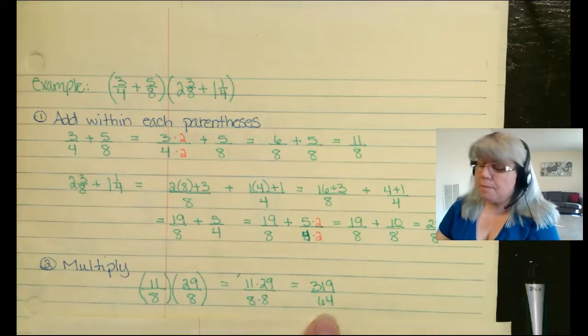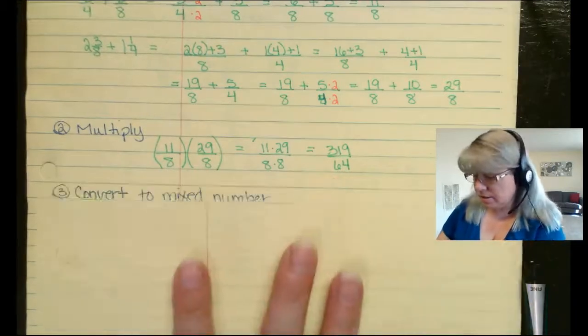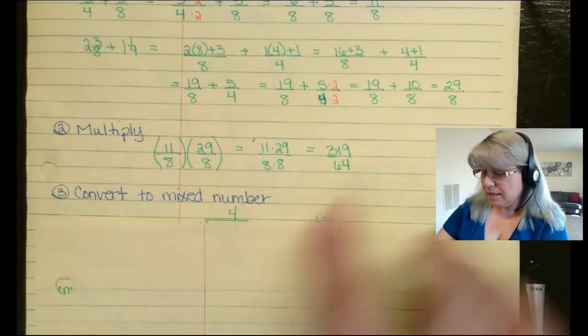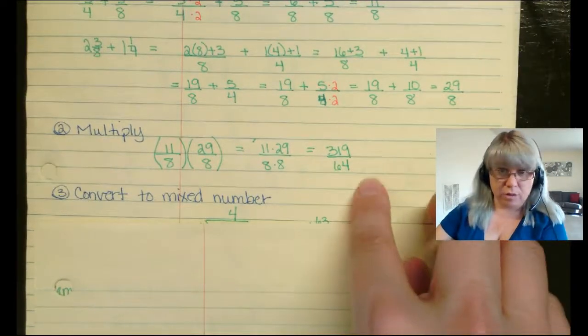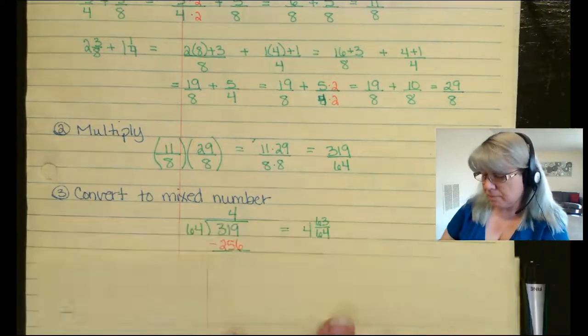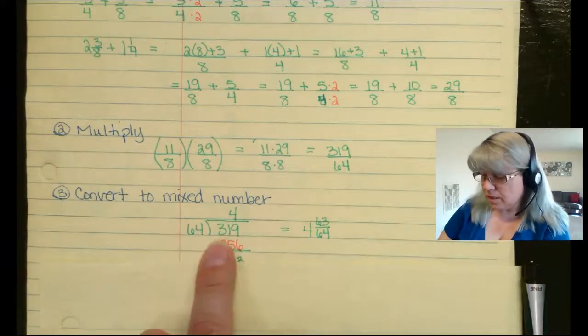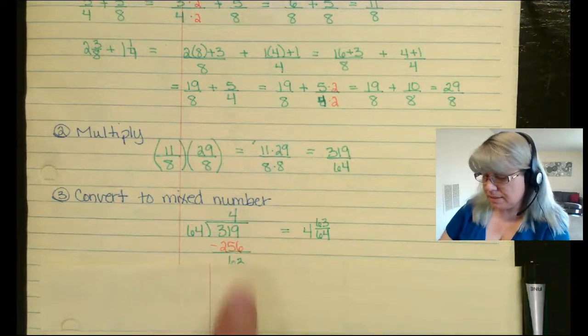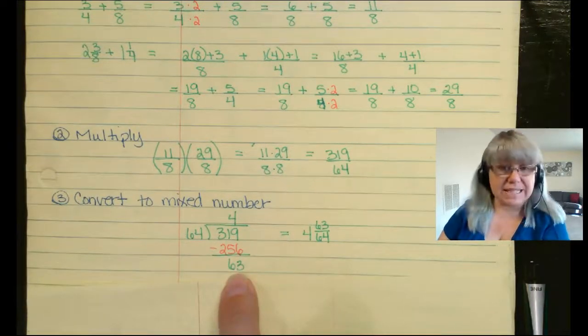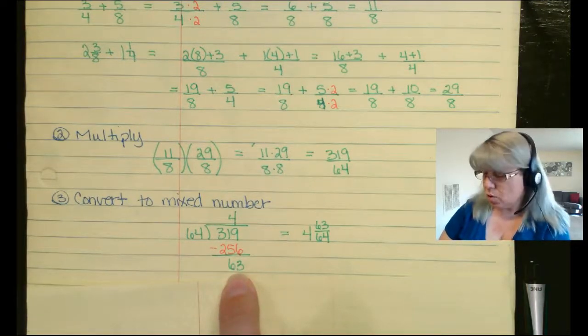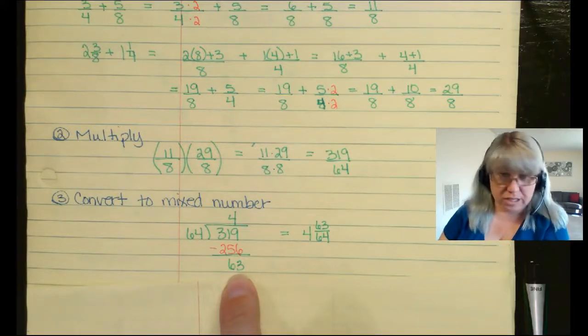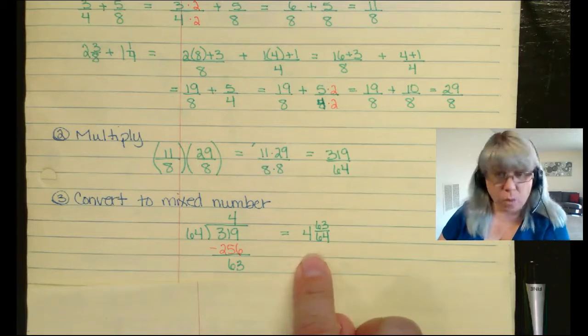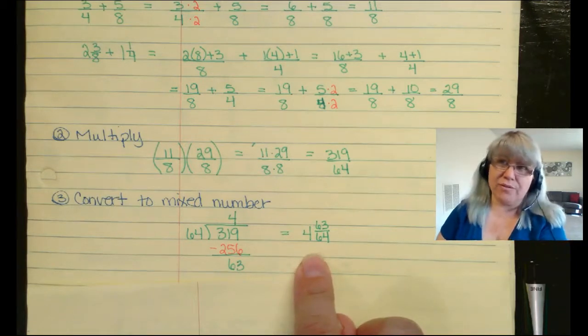But again, my original problem had mixed numbers, so I should convert my 319 over 64 to a mixed number. 64 goes into 319 4 times with the remainder of 63. So my mixed number of 319 over 64 will be 4 and 63/64.